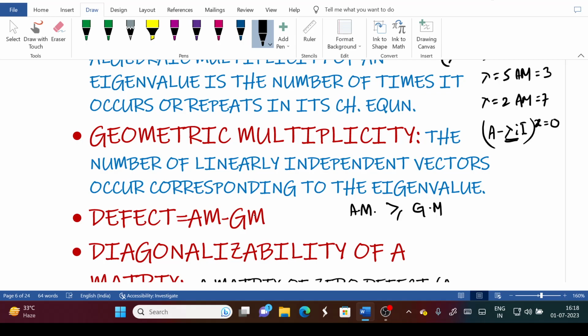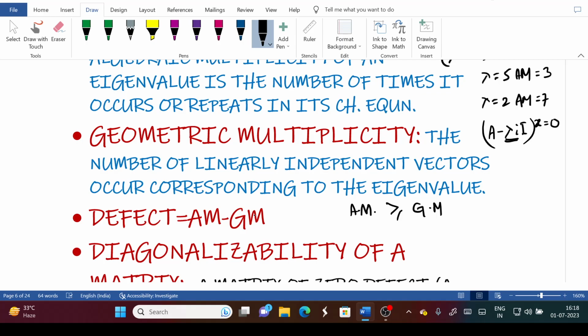Now, what do we mean by defect of an eigenvalue? It is the difference between the algebraic multiplicity and the geometric multiplicity. If the defect of every eigenvalue of a matrix A is 0, then the matrix can be diagonalized.